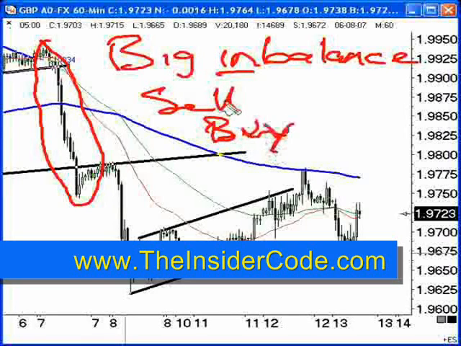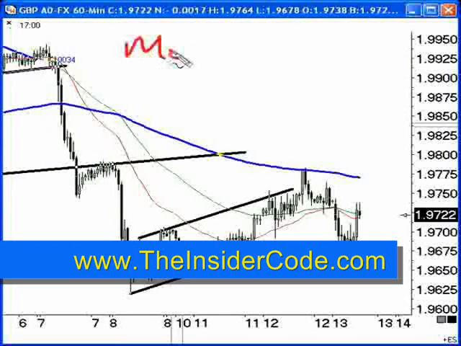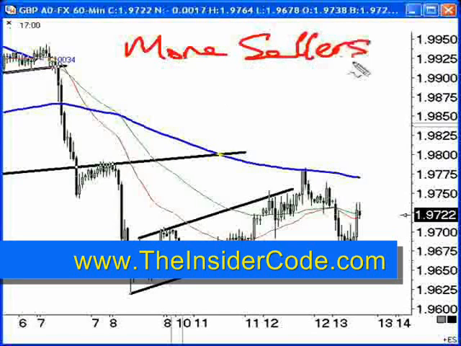And because you have more sell orders, let me just clean this up here. More sellers. Because you have more sellers, the market makers are marking price down. And simply put, it's because the market maker has no incentive to make sure that you or anybody else makes money.